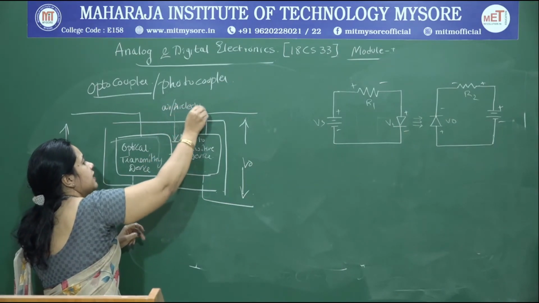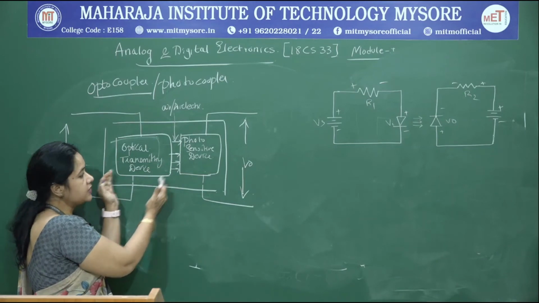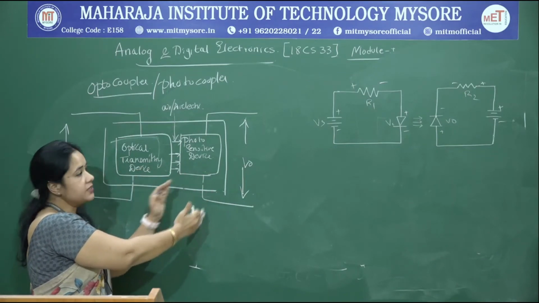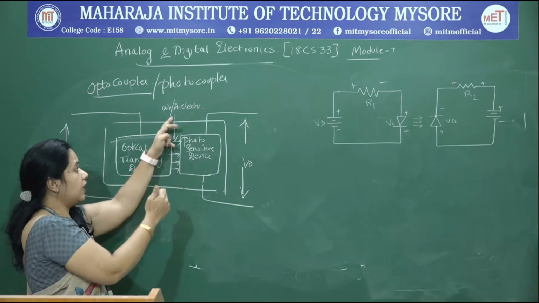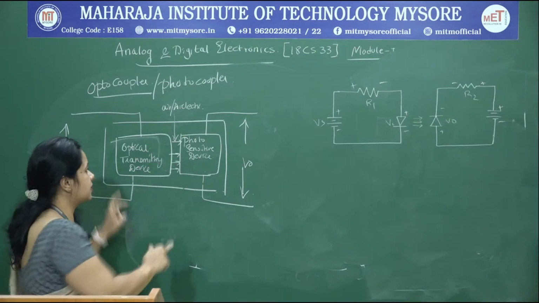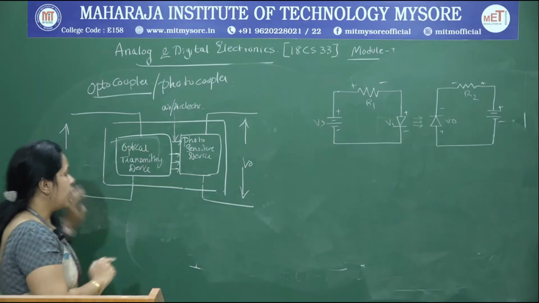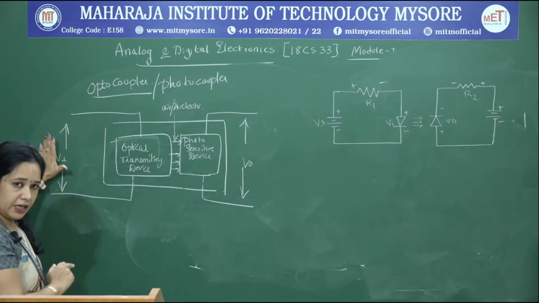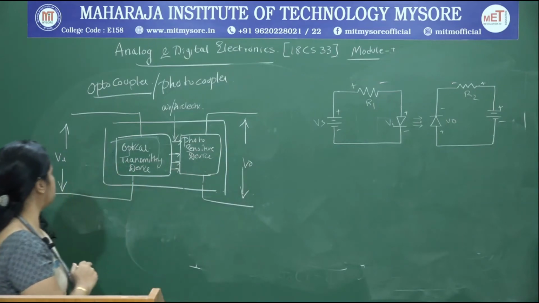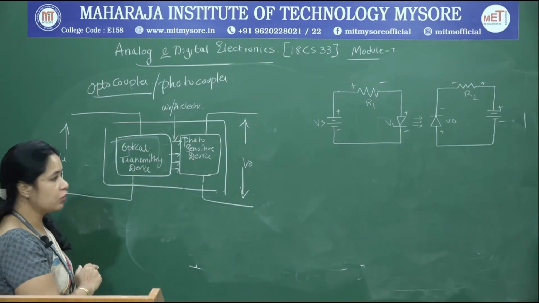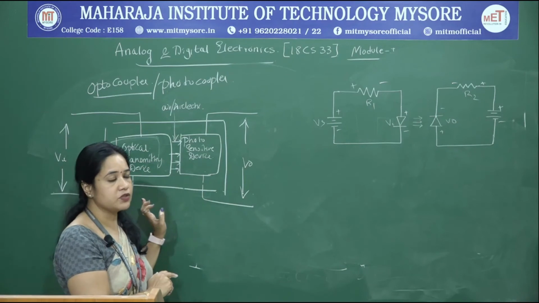So basically it comprises a transmitting device and a photosensitive device coupled either by air or some dielectric means. It is a sealed package, and your signal from the input end is coupled to the output end. So it is used to transmit an electrical signal from one part of the circuit to another part of the circuit.